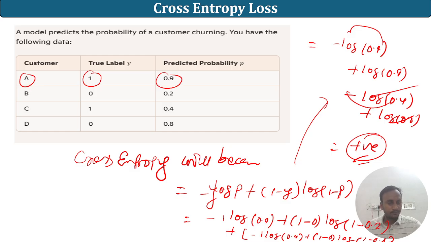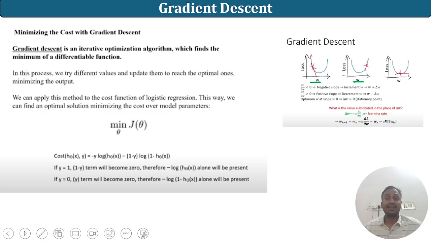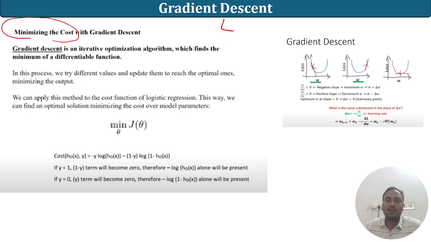Yes, sir. So now we'll come to gradient descent. Gradient descent is actually minimizing the cost. How? Let's say the loss function is a function of beta 0, beta 1, and beta 2.